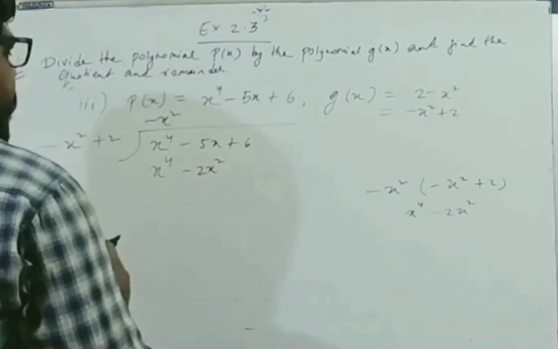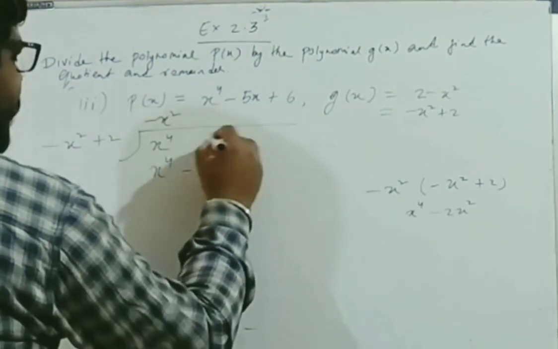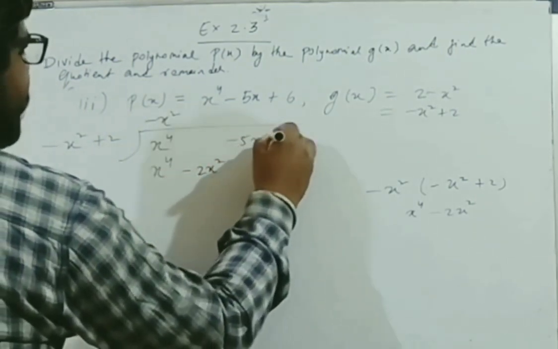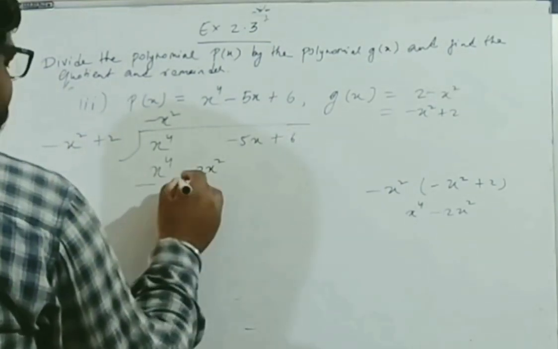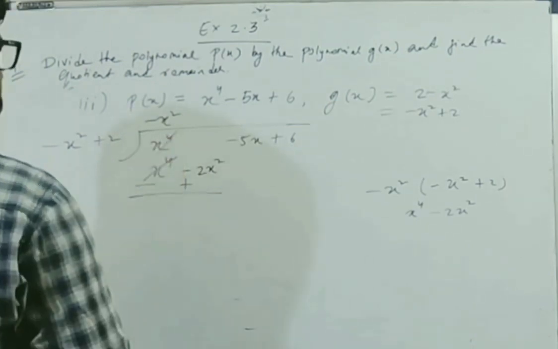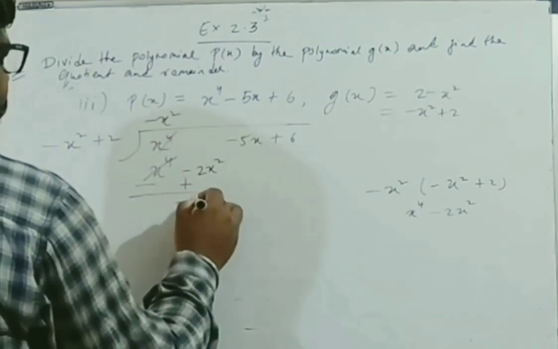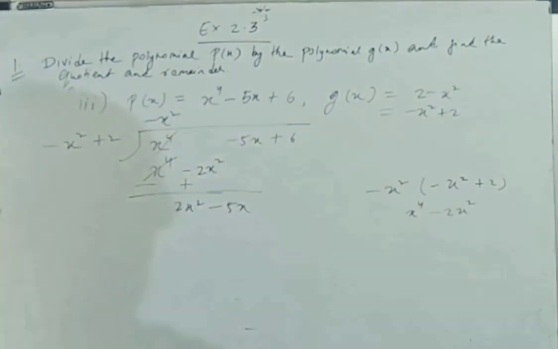I think this part is clear. So again same thing, there is no like term, so just leave this space right here, minus 5x plus 6. This way. So sign change: minus x to the power 4 becomes plus, minus minus cancel out, this plus 2x square here.